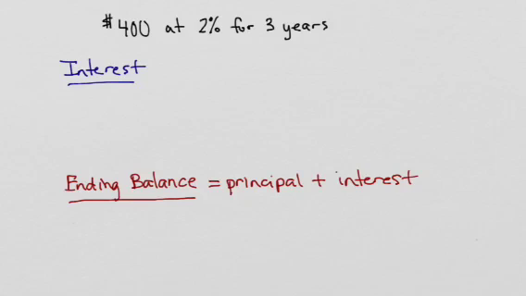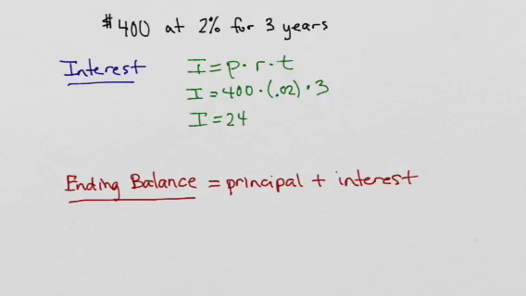So the interest formula said that I equals P times R times T. The interest, which is what we're trying to find, is equal to the principal, which was 400, times the rate, 2%, but I'm going to write that as a decimal, 0.02, and then times the number of years, 3. Again, this is just easiest on the calculator. I don't expect you to do any of that work by hand. So 400 times 0.02 times 3. And I got 24.